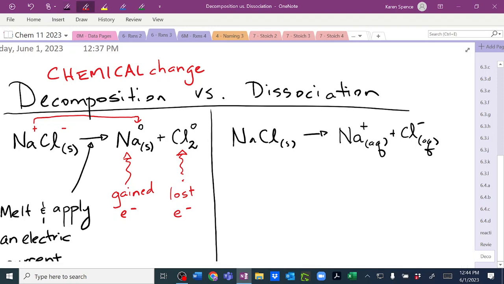And remember, in the compound, the sodium was positive and the chloride was negative. This time all we did was we dissolved it in water.